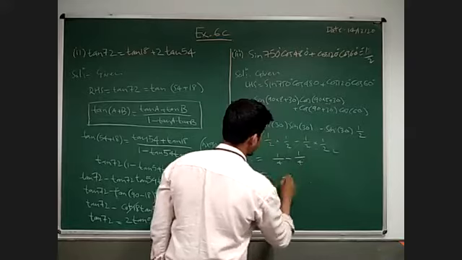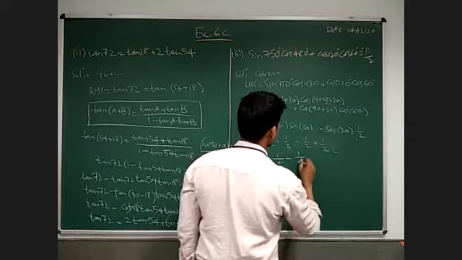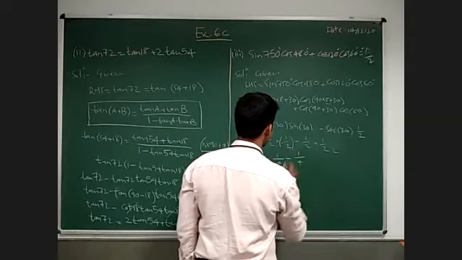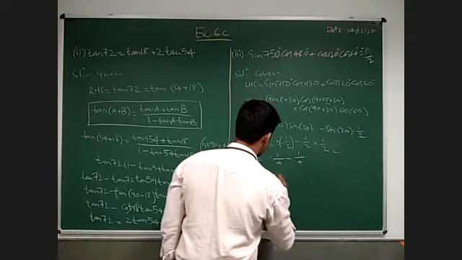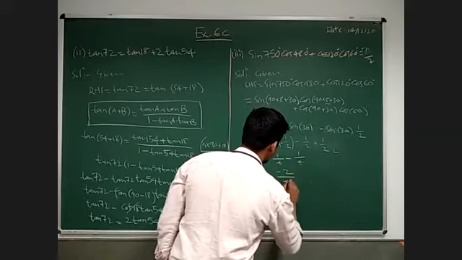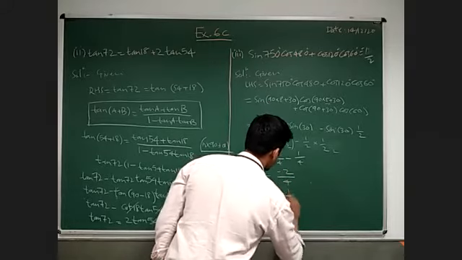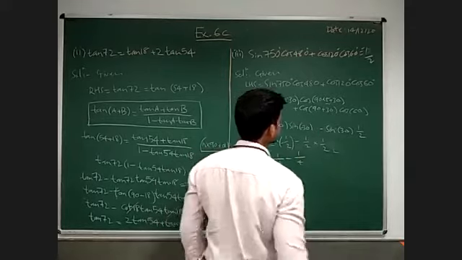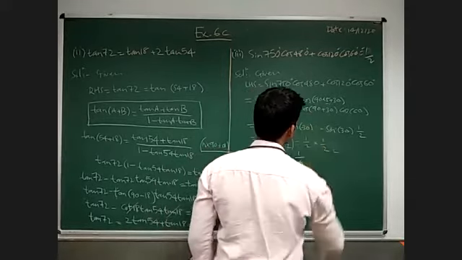And here I guess it will be minus, then minus 2 by 4, and here we will have minus 1 by 2, because here this will be minus 30.